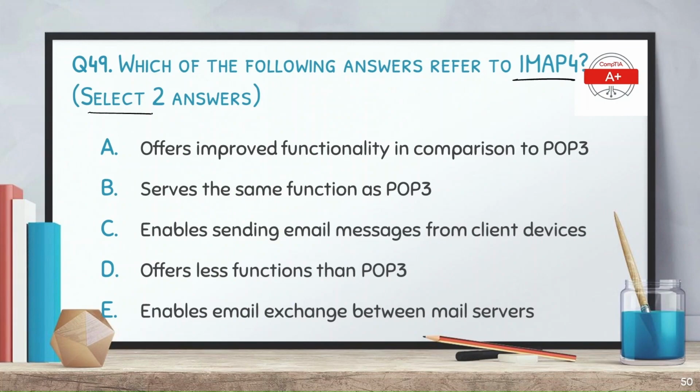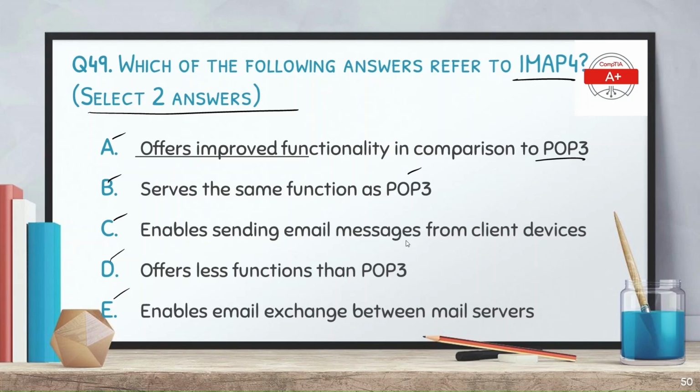We have to select two answers. The options are A, offers improved functionality in comparison to POP3, B, serves the same function as POP3, C, enables sending email messages from client devices, D, offers less function than POP3, and E, enables email exchange between mail servers.